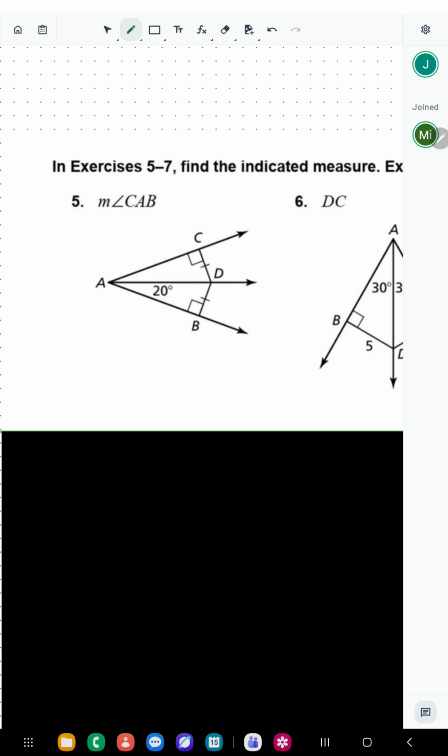So that means AD bisects angle CAB. So angle CAD is equal to angle BAD, which is equal to 20 degrees. Therefore, the measure of angle CAB is 40 degrees. Right.